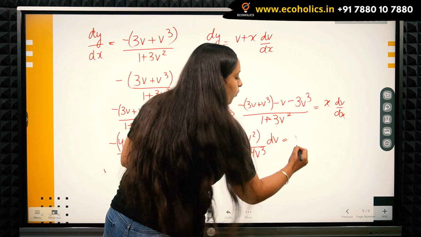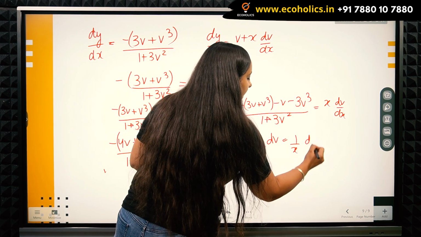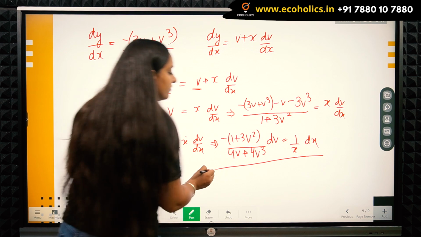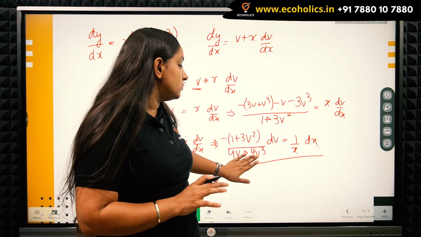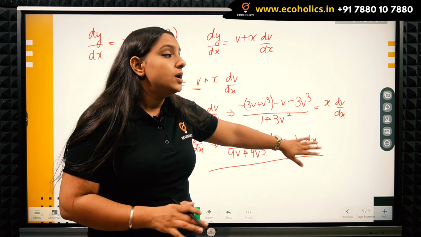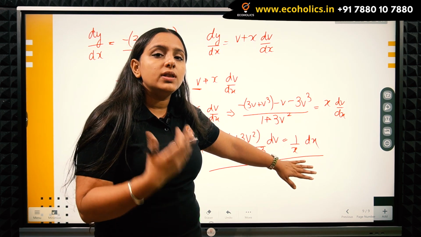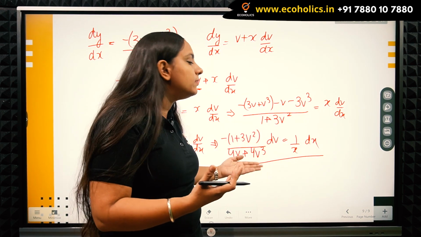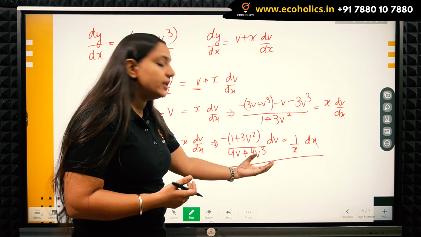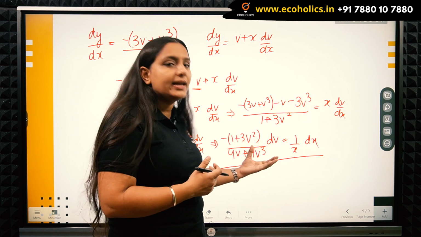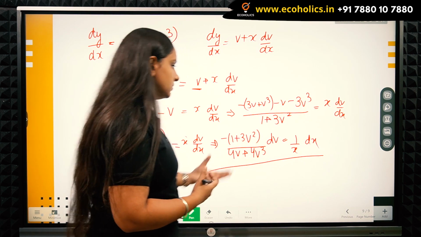So I will get 1 upon x dx. So I have now separated the homogeneous equation in terms of dv and dx. Now, as we do in the separable equation, that's the same thing we have to do here. I will just have to integrate them to find the answer.